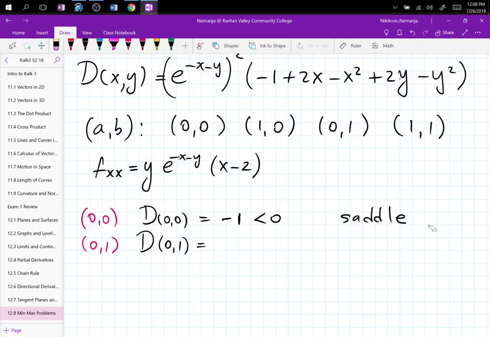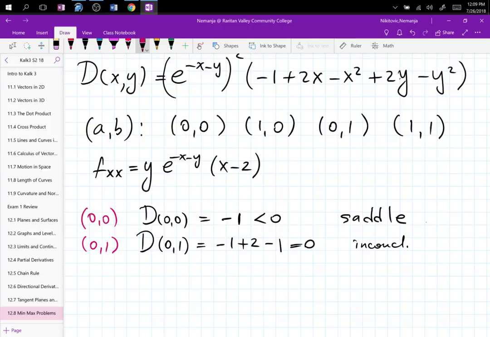It only depends on the second part, whether it's positive or negative, because positive times positive is positive, positive times negative is negative. So whatever the second factor is, that's what the whole D will be. Now what survives? Minus 1, x term dies, this one dies, plus 2, and then minus 1. That's a 0, right? So test is inconclusive.